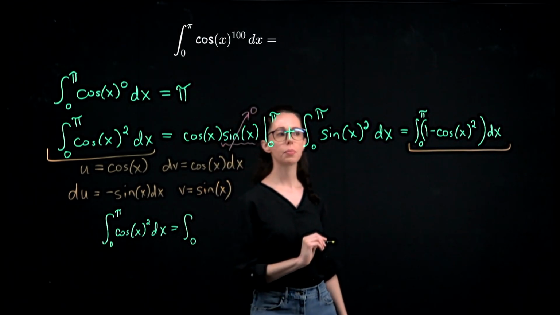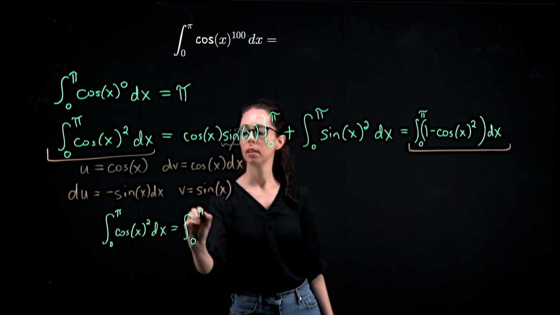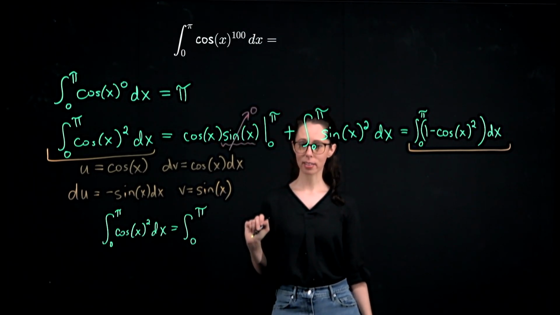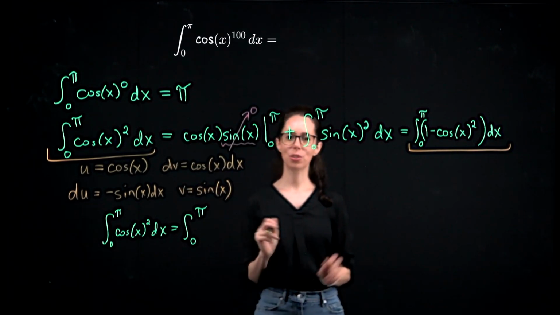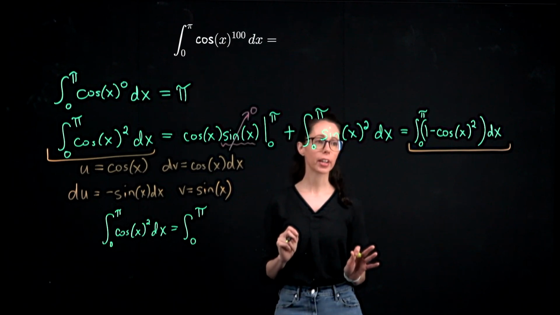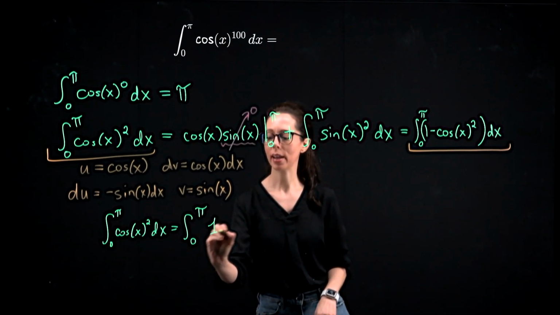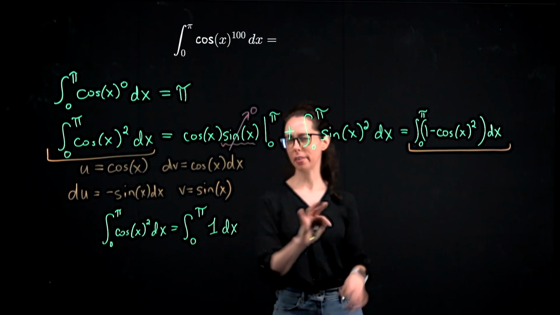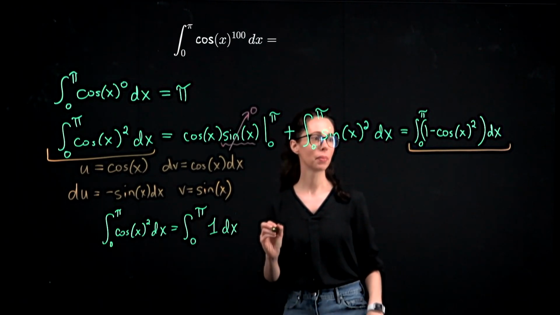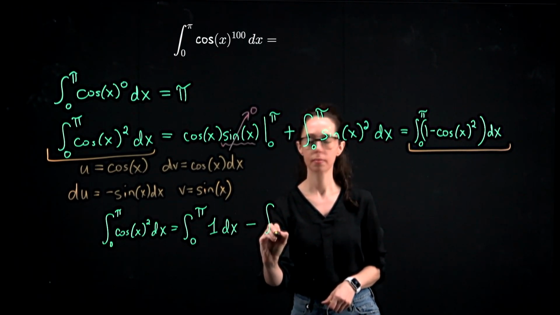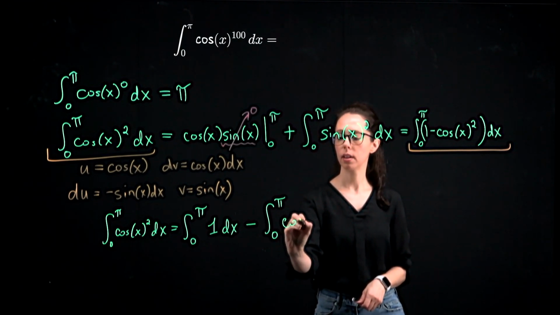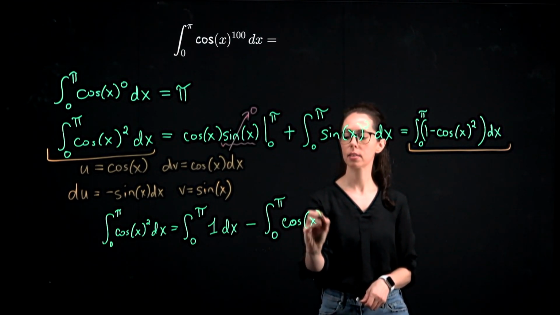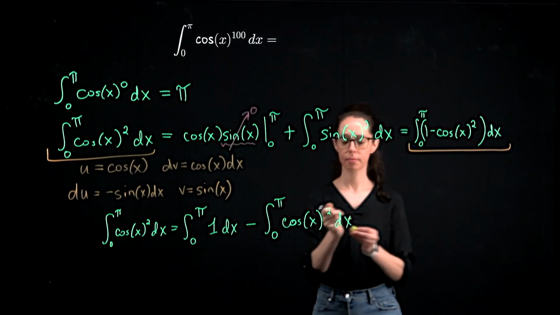The integral from 0 to pi of 1 dx. I'm really tempted to replace 1 with cosine of x to the 0th power, but I think that's a bit of overkill. So let me just write 1 dx, but you can make a note to the side that that would be the same as cosine to the 0, and then minus the definite integral from 0 to pi of cosine of x squared dx.